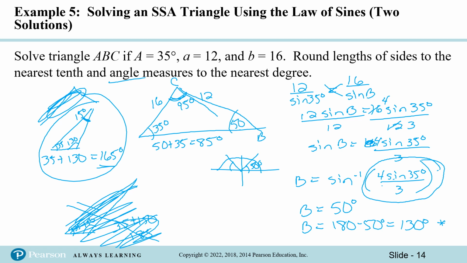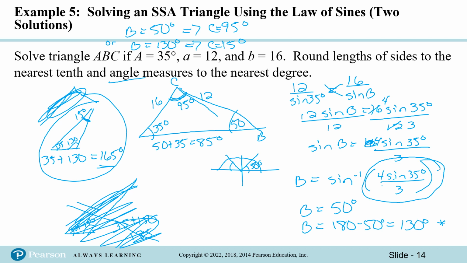So B could be 50 degrees, which would make C 95 degrees, or B could be 130 degrees, which would make C 15 degrees. Okay, so basically we have two different triangles, and we have to find side C for both of them.